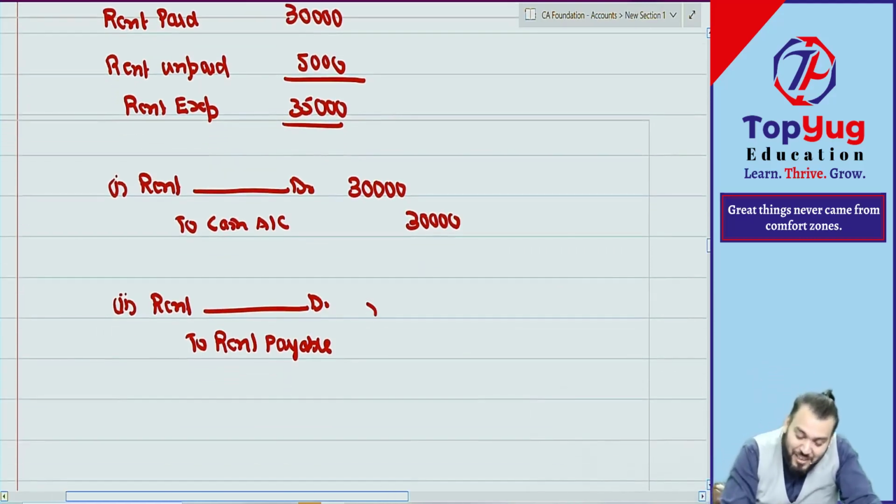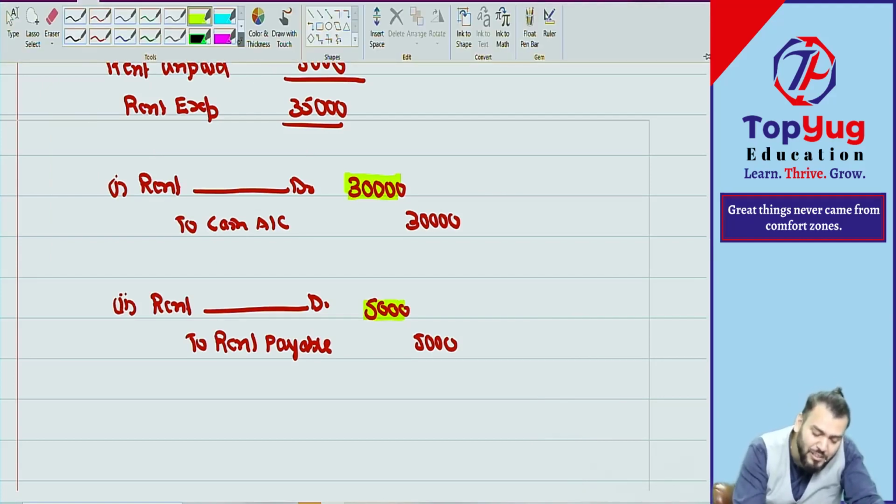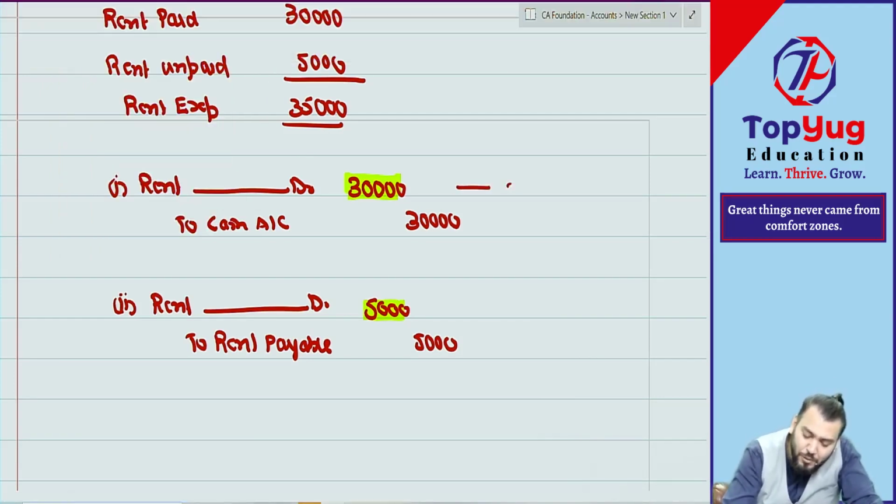But tell me, what is the expense? Expense is how much? That only you said, 30 plus 5. Liability is how much? 5,000. Now see how simple. Expense will go to SOPL. Liability will go to the balance sheet.